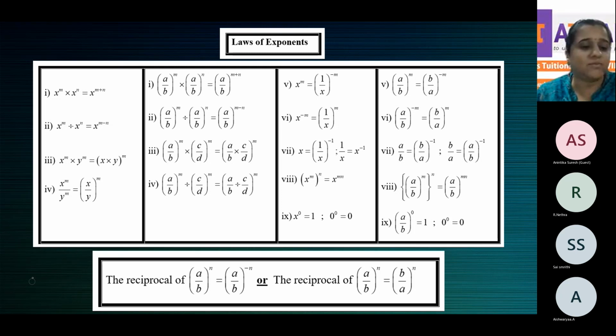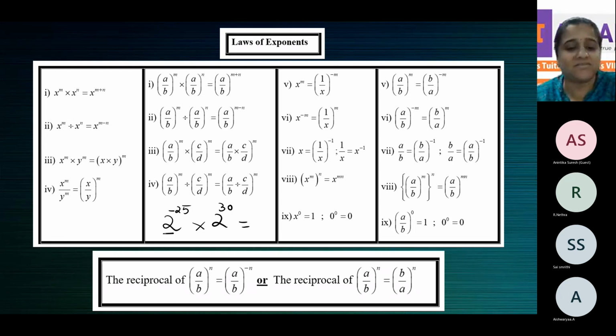So how do we understand this? Supposing you have a situation like 2 to the power minus 25 into 2 to the power 30. Apply this rule. Bases are same, 2, 2, and the operation is multiplication. So we write the base 2 once and add the powers, minus 25 and 30.